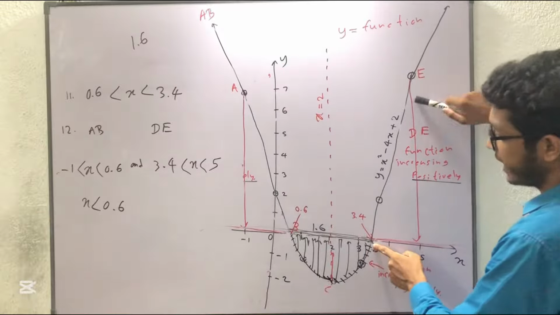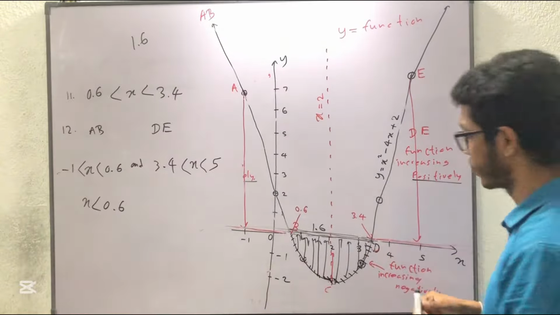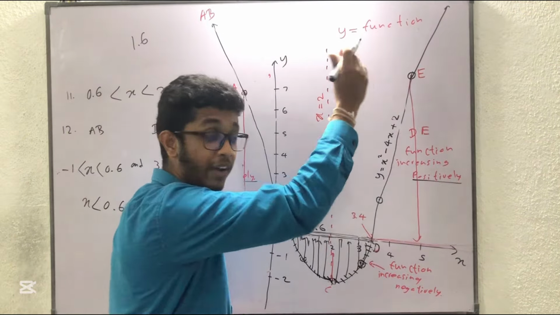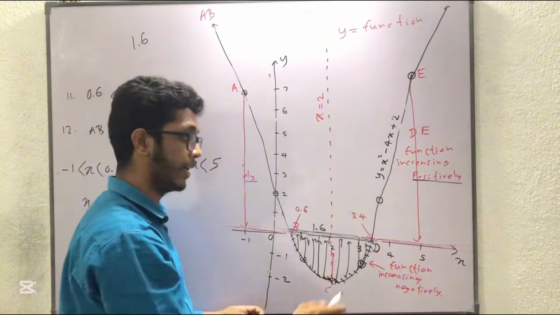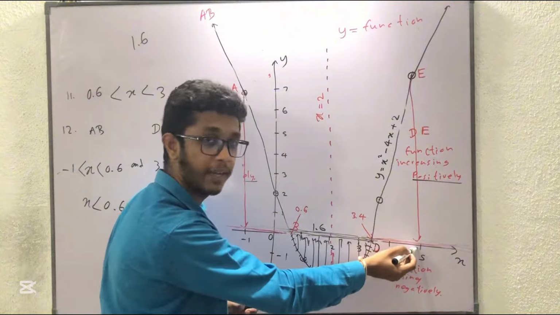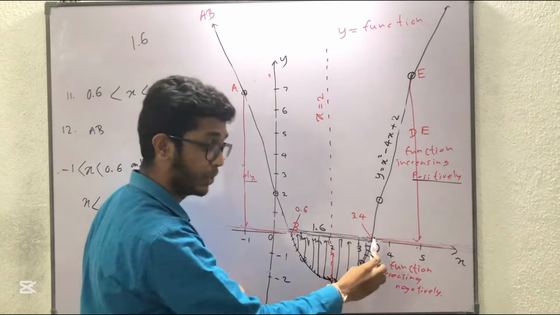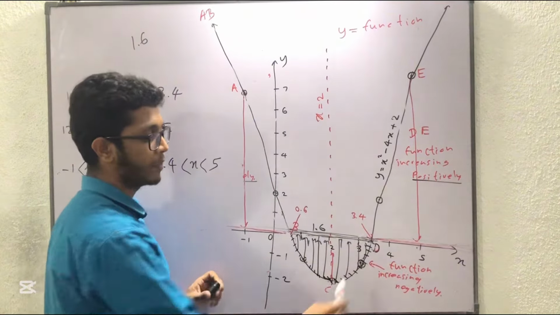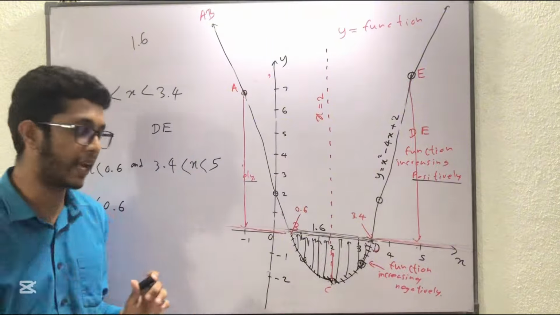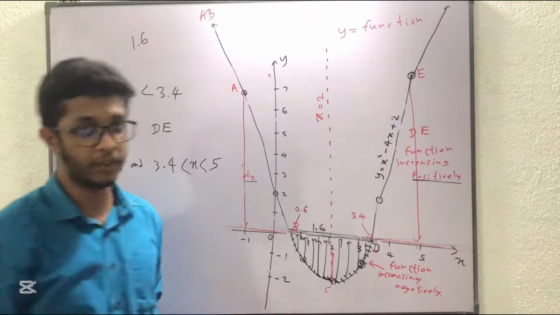Then for this DE part also, the graph doesn't stop at this E point. I told you it goes up to infinity. So these x values also go up to infinity. It doesn't stop at this 5. So starting from 3.4 up to infinity, all the x values we can consider for this positive graph part.